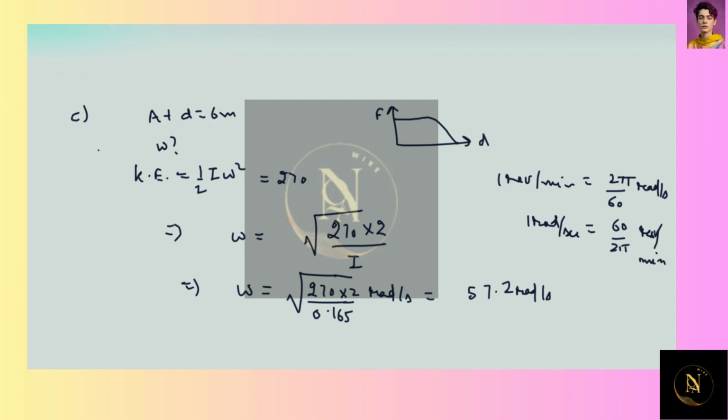We use this conversion: omega equals 57.2 times 60 over 2 pi, which gives revolutions per minute. This comes out to be 546 rpm. So that's your answer for part C.